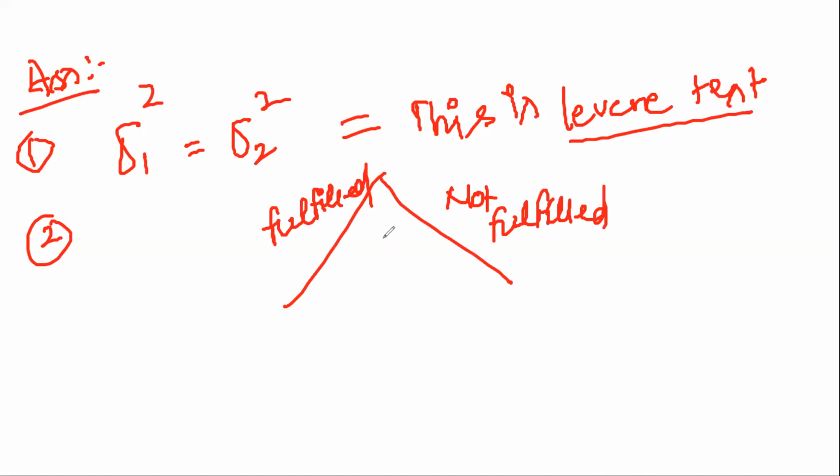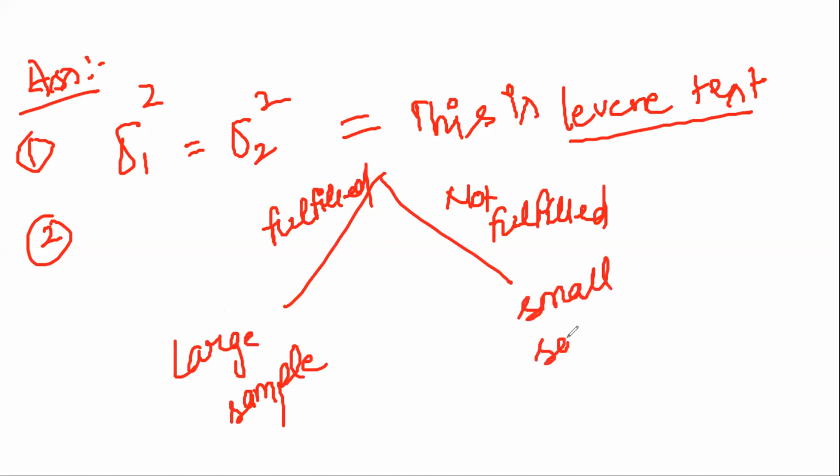If the condition is fulfilled, then we can apply on the large sample. If it is not fulfilled, then you apply on the small sample. And there is one more condition to check this Levene's test. Let me tell you this condition also.